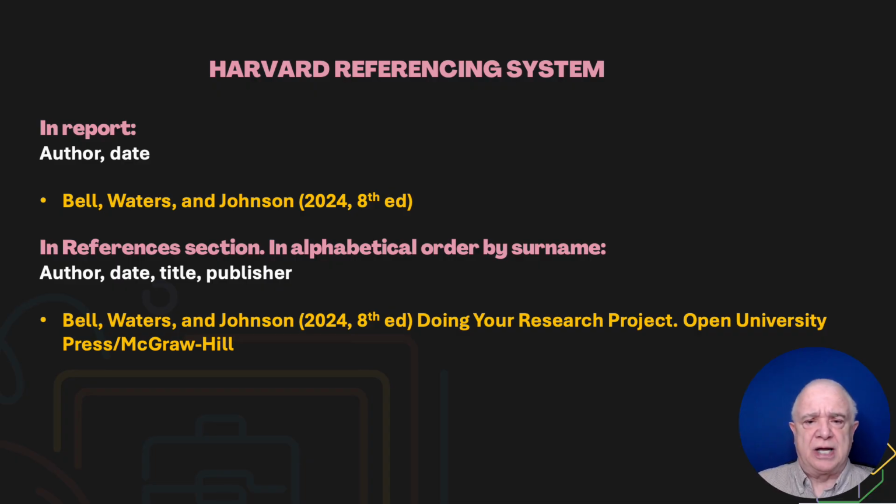In the references section, author names are listed alphabetically by surname, then the date, then the title, then the publisher. If you've kept organised records, making sure that all the texts you have referenced in your report appear in the references section is so much easier.